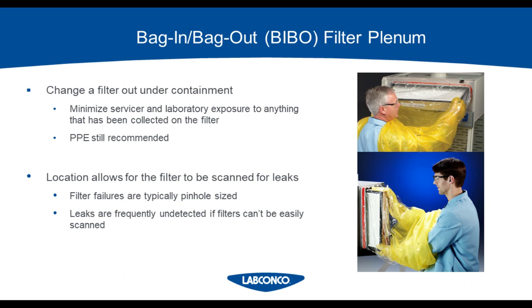The way you can do that is using a bag in, bag out, or BIBO, filter system. Here you're seeing technicians tasked with changing out a filter from a nano containment hood. This is basically a glorified bag that surrounds the filter and provides a physical barrier between yourself and the hazardous contaminants on the hood.